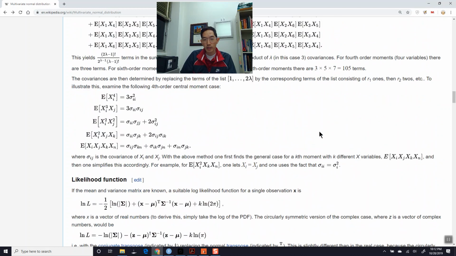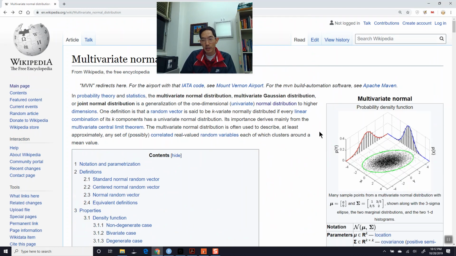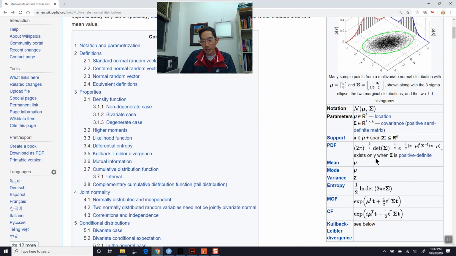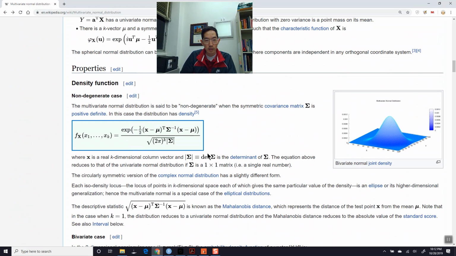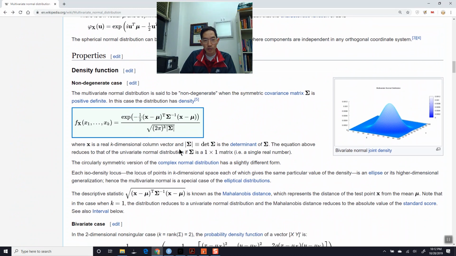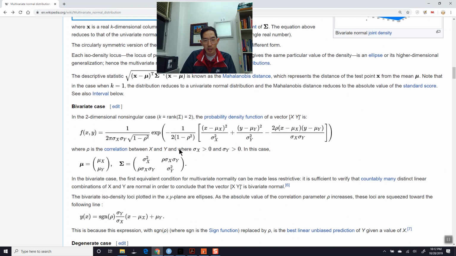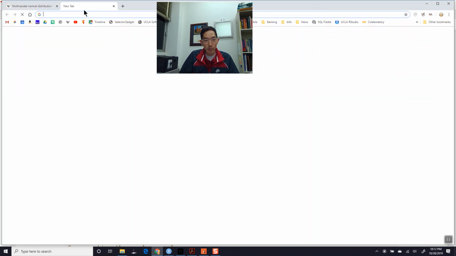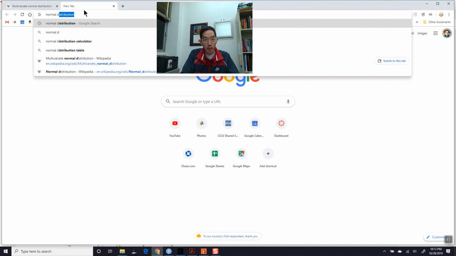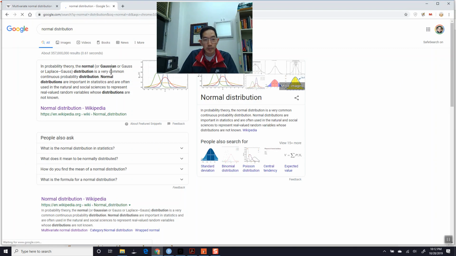Again, just to emphasize, this PDF, as scary as it looks, has a lot of parallels with the regular old normal distribution. So let me pull up the normal distribution.